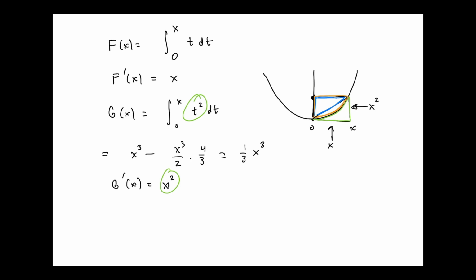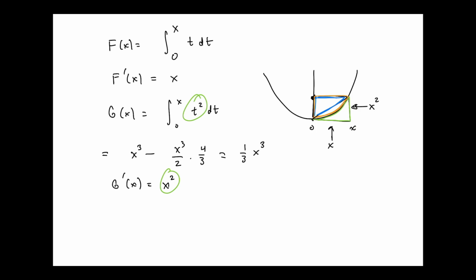That's the beauty of that version of the fundamental theorem. In the first problem, did I ever actually figure out what big F was equal to? No, I never found a formula for it. But I do know what its derivative is.